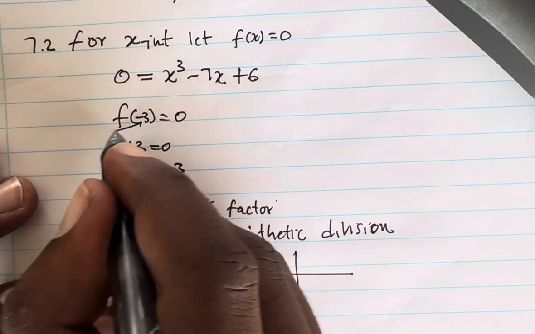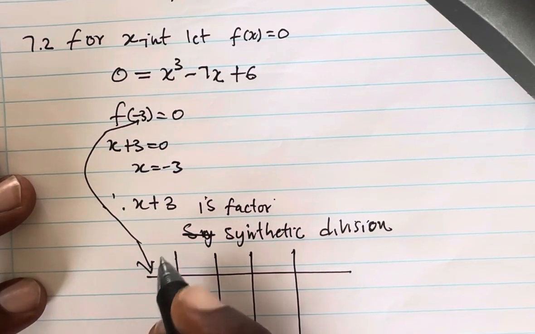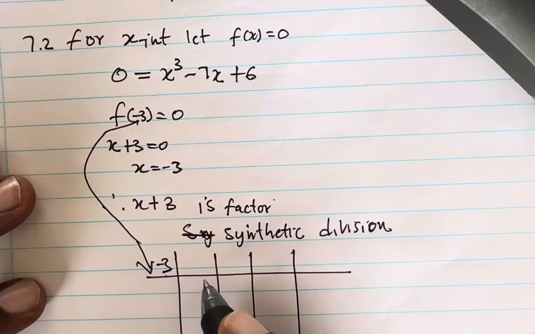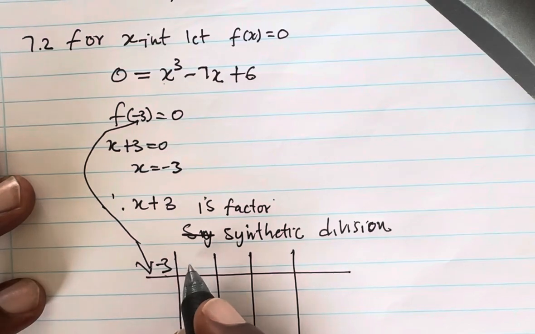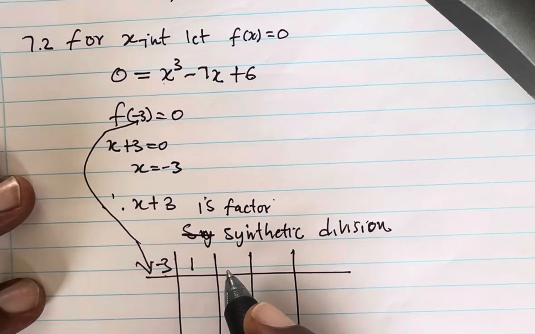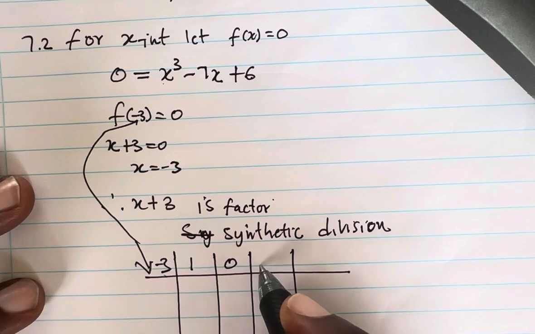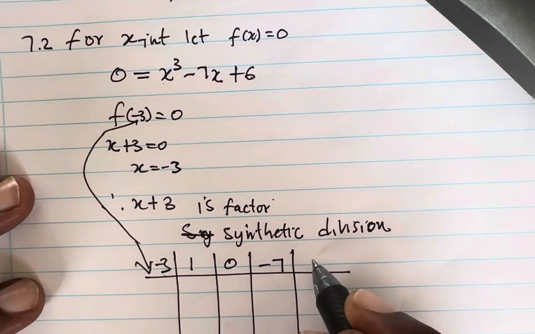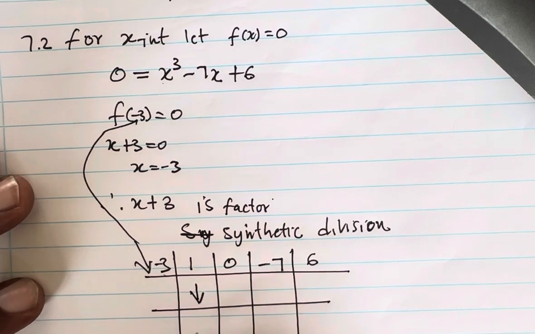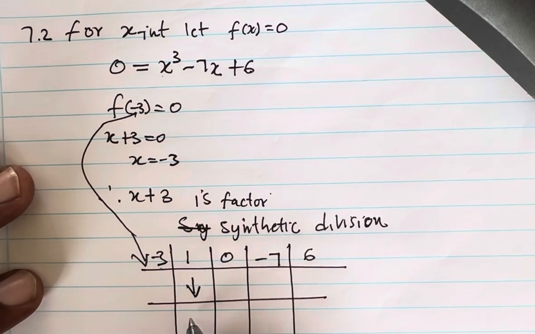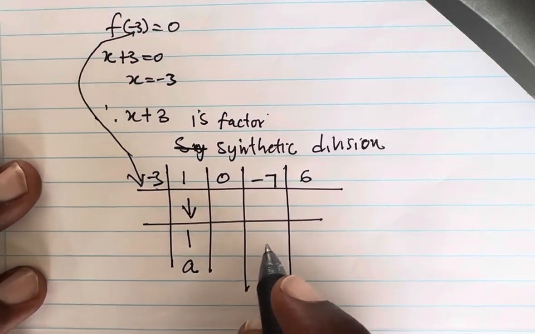What we substituted there and gave us 0, we are just going to substitute on our first block, which is -3. Then take the coefficients of our equation, which is 1 and, the value of b we don't have there, so it will be 0, -7, and the value of c will be 6. You just drop the first coefficient, which will be 1, and then we're going to have the value of a.